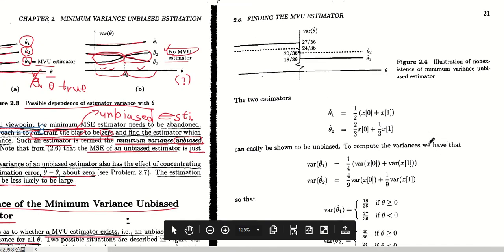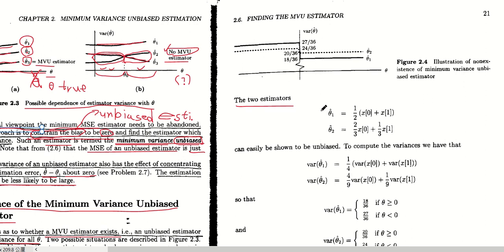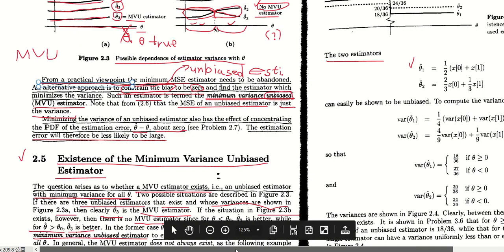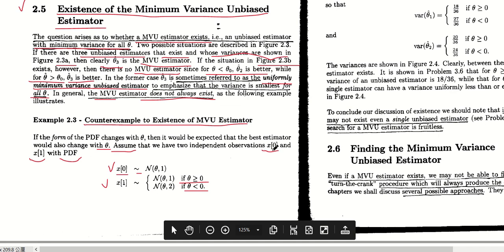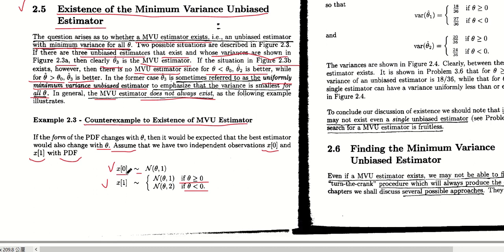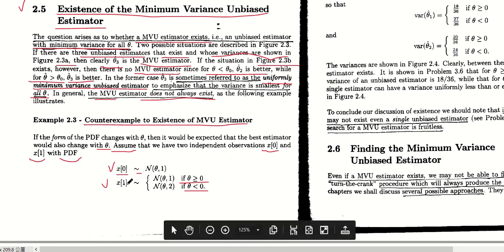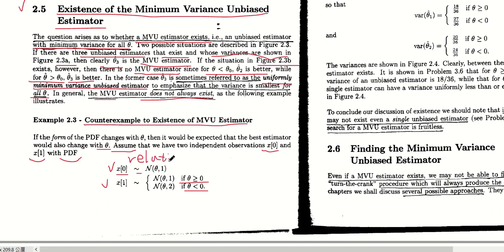Let's look at the problem one more time. We have two observations, one is x0, the other one is x1, and their distribution is used to describe the relation.